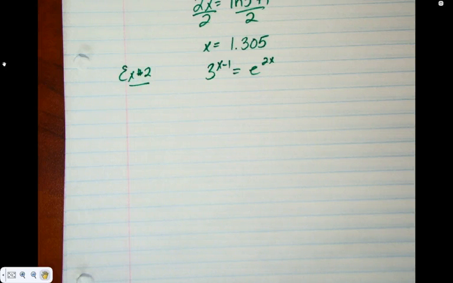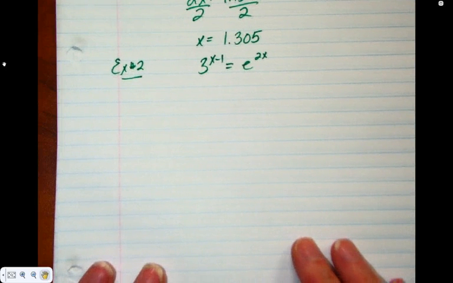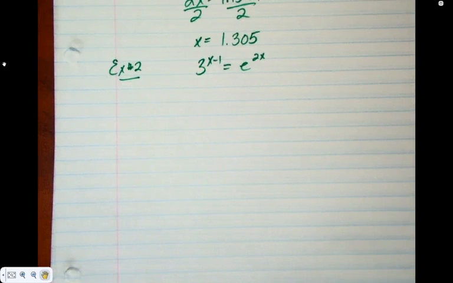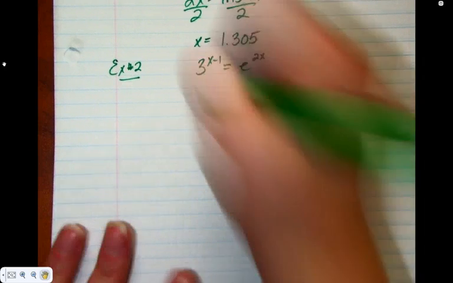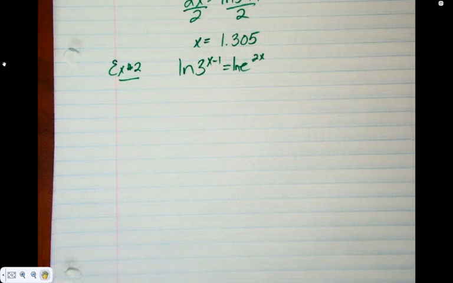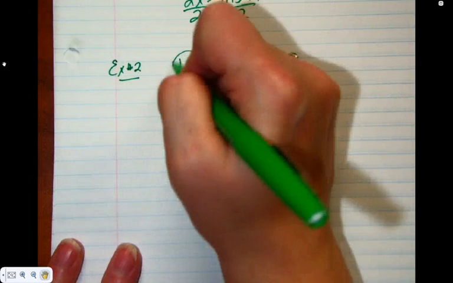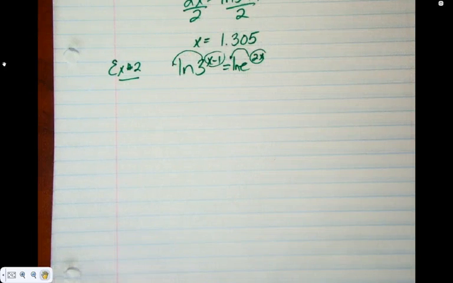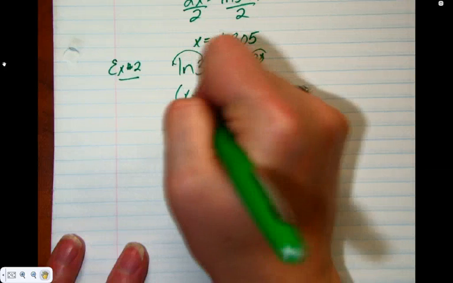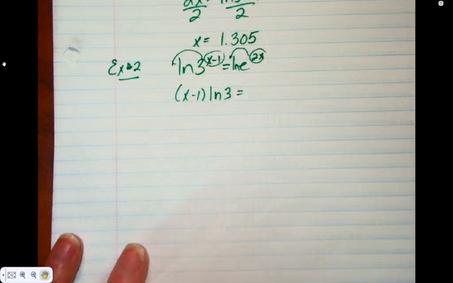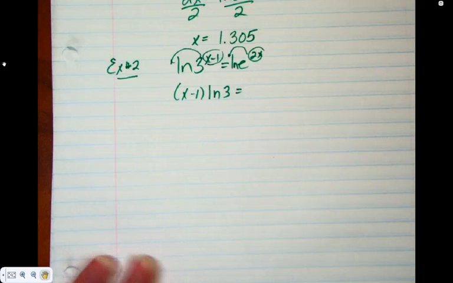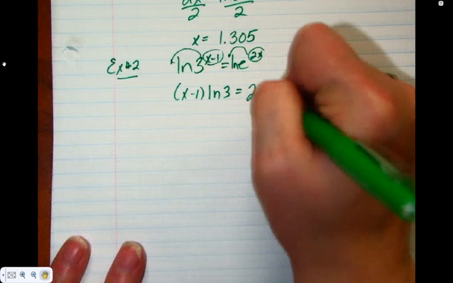So step number 1 for exponential equations. This is where you tell me. Natural log both sides, yes. Expand. How do I expand? So I'm going to have x minus 1 in brackets times ln 3 on the left, and then 2x times ln e on the right.